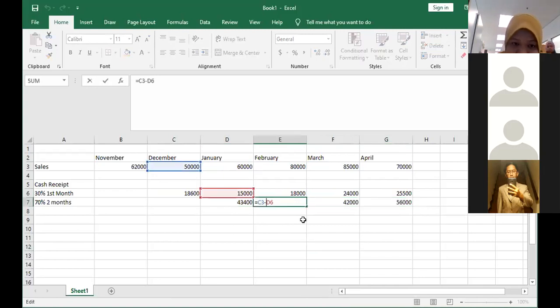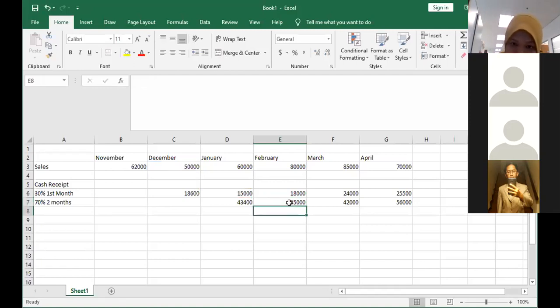So you can see that on February, December minus January, so you will get the remaining. So applicable to all. So now, because the question asks you only January up to April, so I just sum up the amount from January to April.